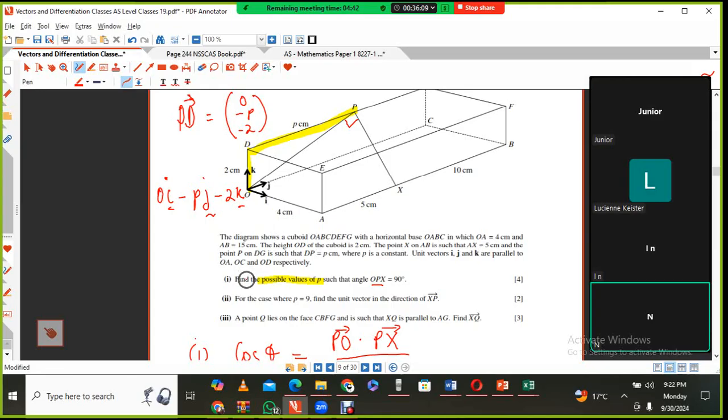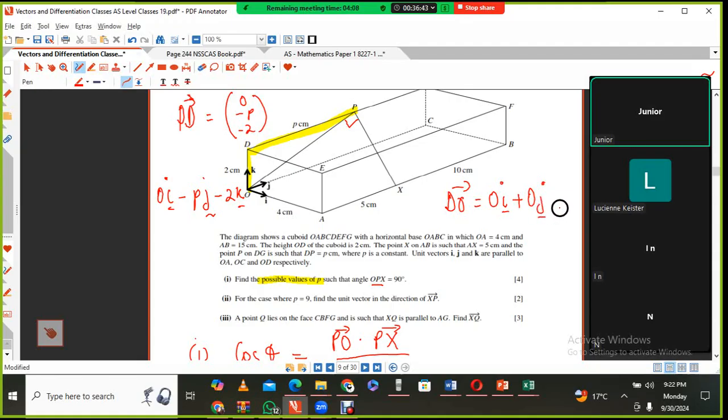Okay, so DO is the next one. To go from D to O is what? What is the i direction? 0. What is the j direction? 0.